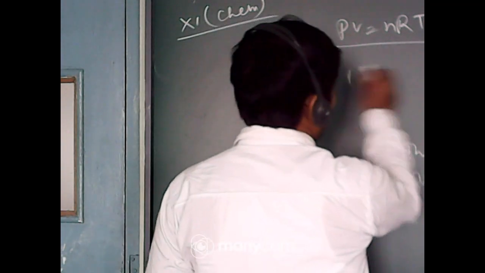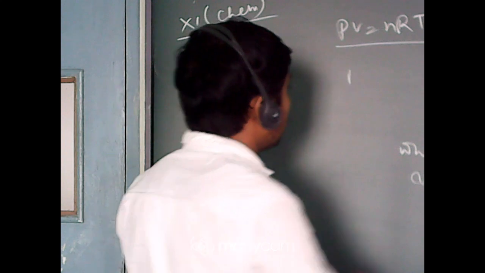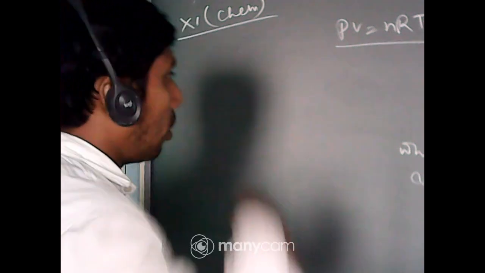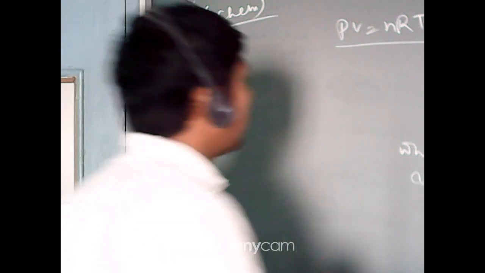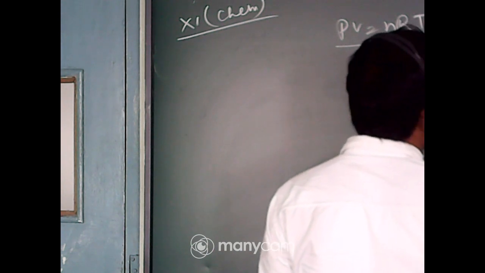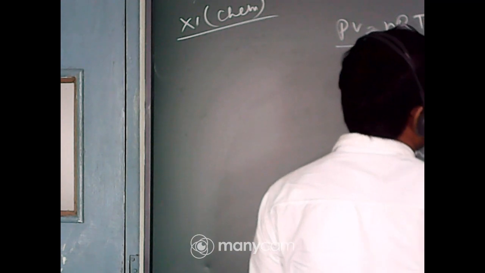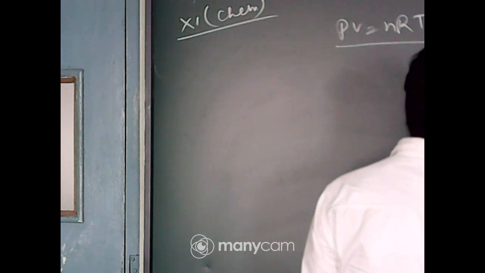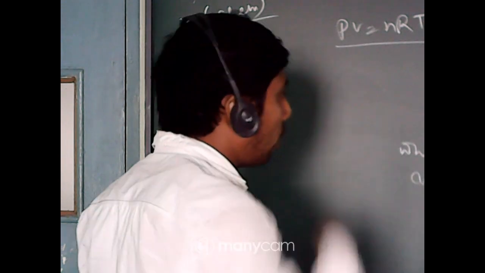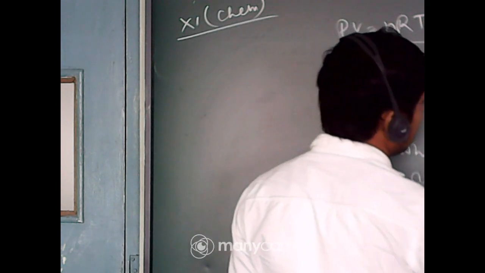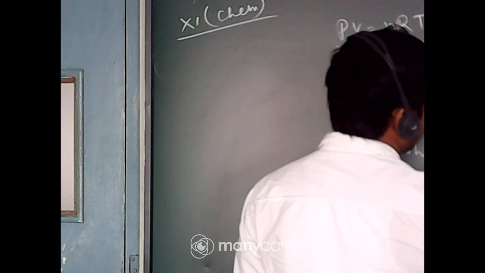First of all we have to combine Boyle's rule and Charles' rule, that is V varies as 1 by P and V varies as T. If we combine these, then V is proportional to T by P. When all the parameters are changed, according to proportionality, TV by P equals a constant.